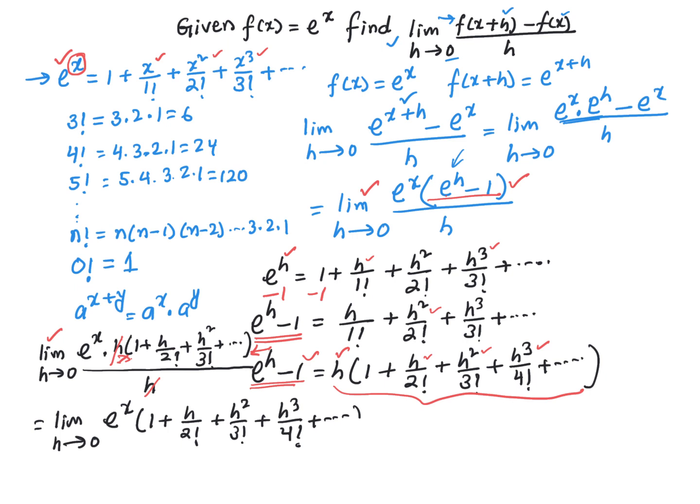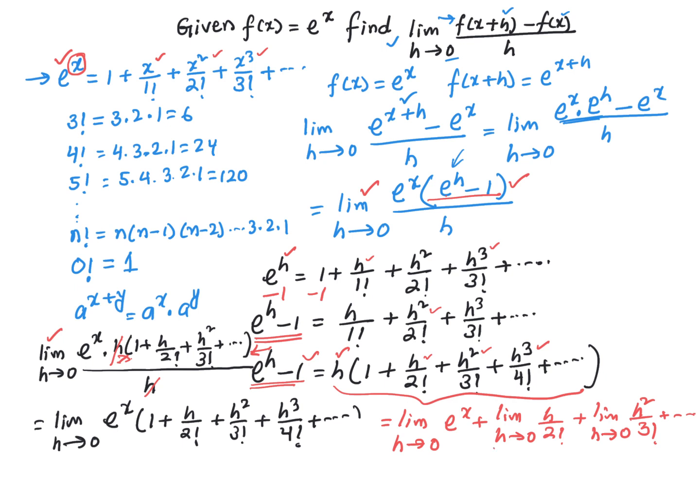And you know the properties of limits, you could sum it up, right? So you could write it as, you don't have to do it, limit as h approaches 0 of e to the power x plus limit as h approaches 0 of h over 2 factorial plus limit as h approaches 0 of h squared over 3 factorial plus dot dot dot.